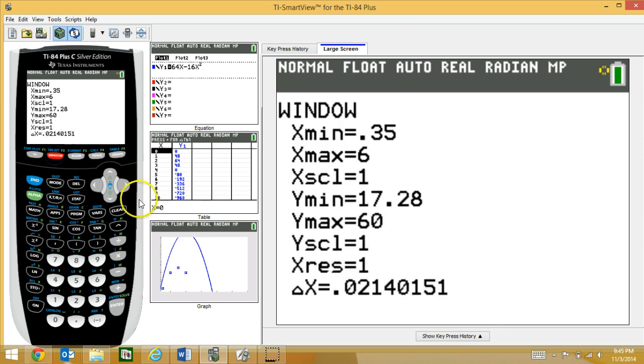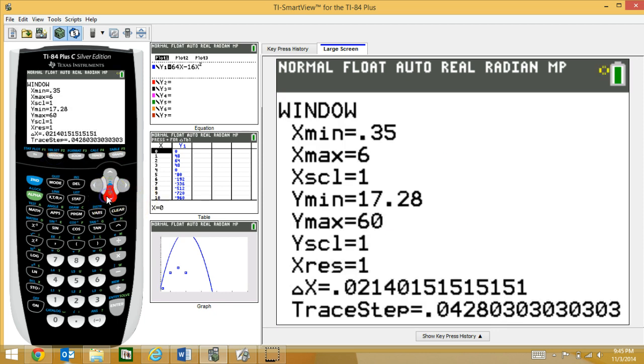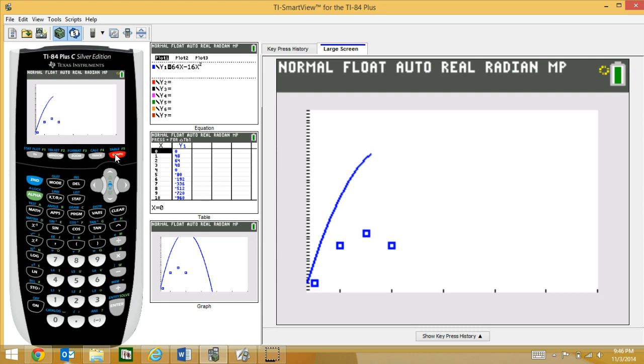So I'm going to go back to my window and readjust to 70. Or I'm sorry, 75. And now I see that entire parabola. Okay.